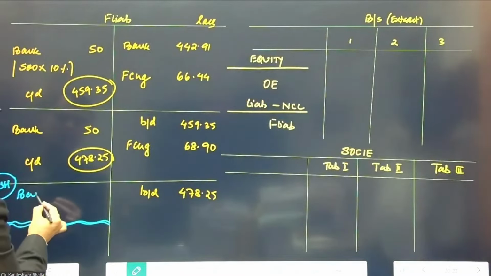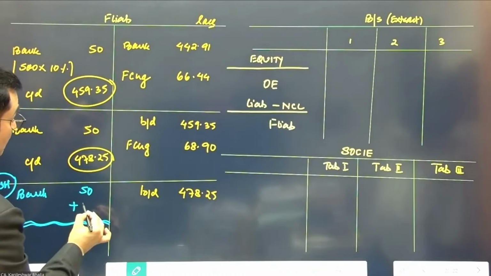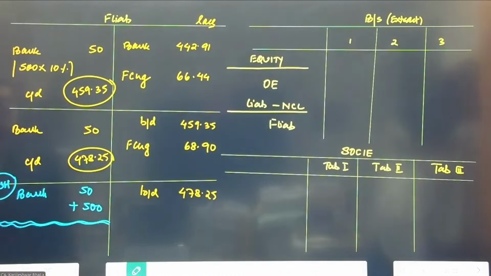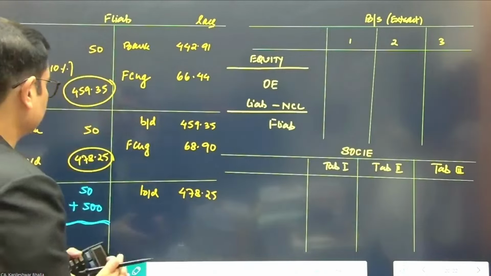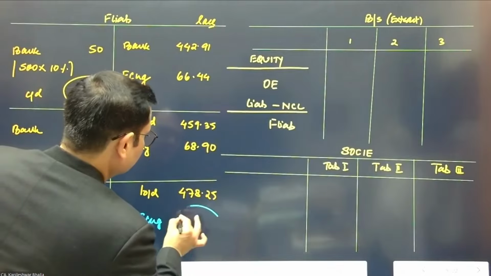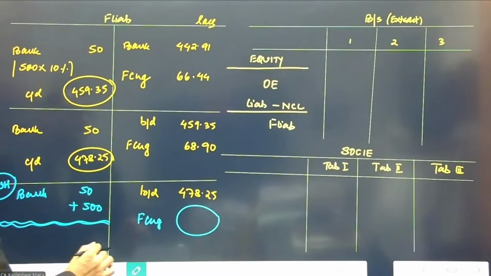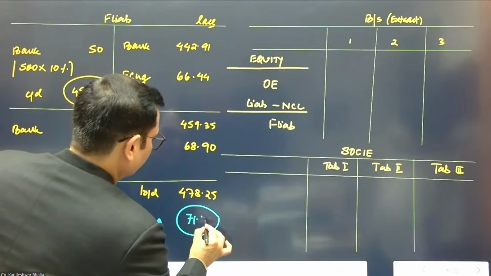I'm going to pay them two things. I'm going to pay the interest, and I'm also going to pay the principal money back. So let's take the finance charge as a balancing figure just to get accurate results. So 550 minus 478.25 works out at 71.75.